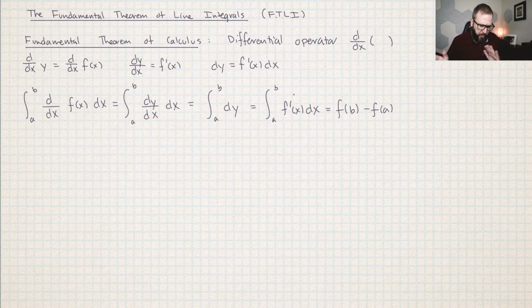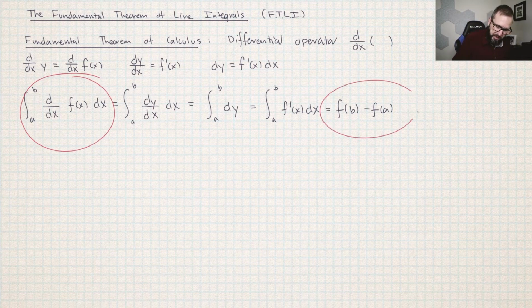So here's a bunch of different interpretations of the fundamental theorem of calculus, a different way to write our very familiar process of taking an antiderivative and then plugging in the endpoints. Fantastic. These are a bunch of different ways of writing the same thing. I especially want to focus on these two parts of it here, and I think when I write down the fundamental theorem of line integrals, you'll really see the similarity.